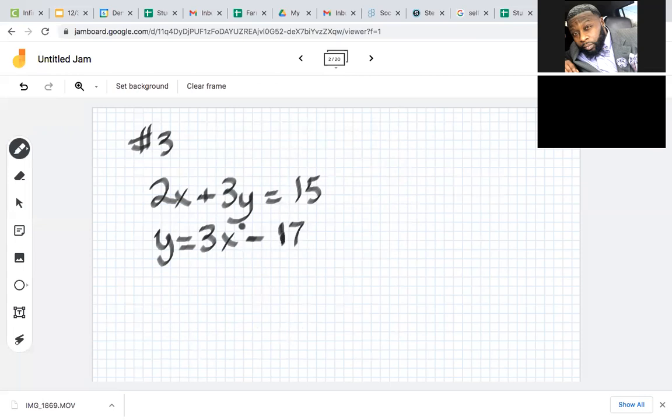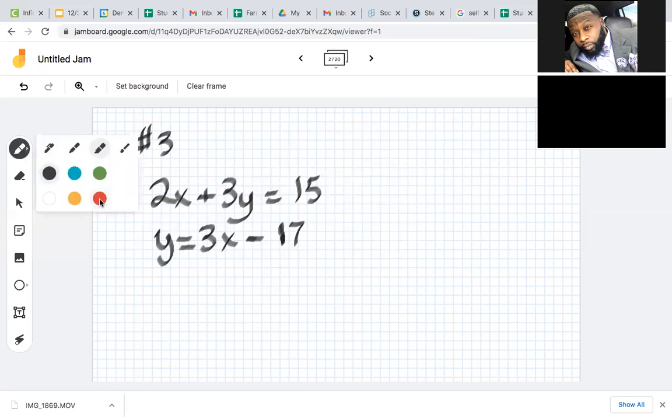So you can do a few things here. You can do the elimination method, or you can do the substitution method. Since you already have a y value equal to something, we can do the substitution method. Which one would you like to do? I think substitution would be easier. So you want to substitute y into this equation here?